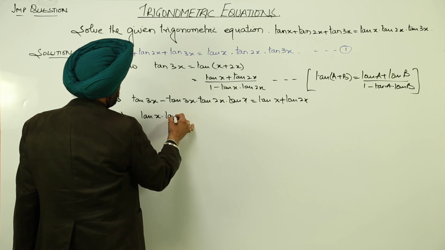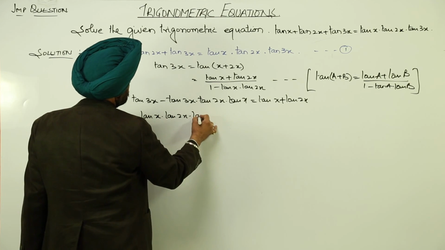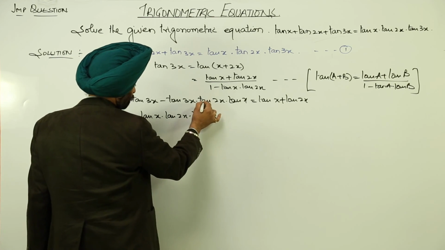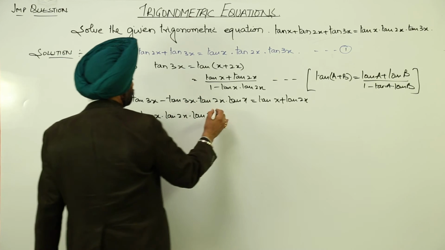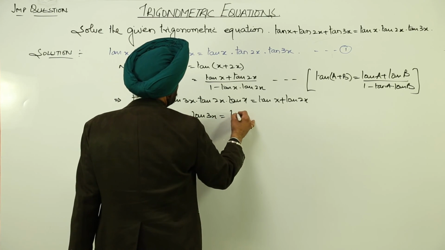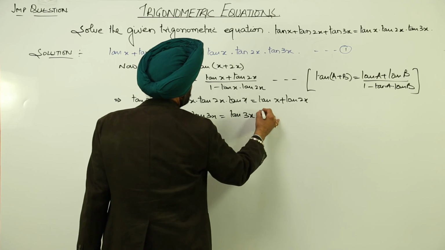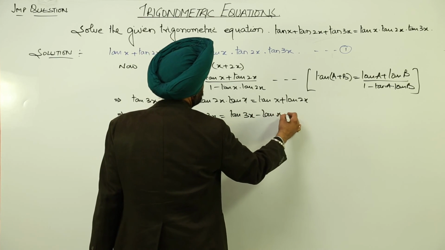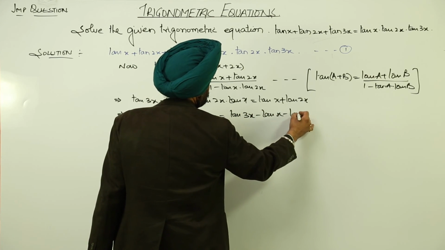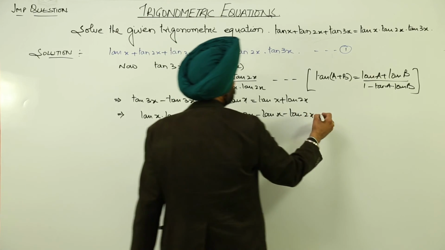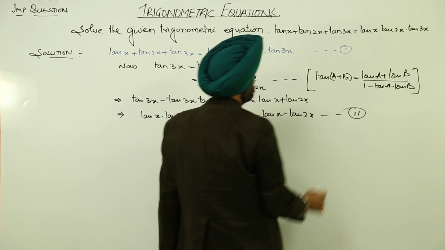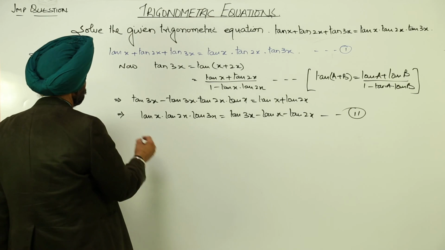Tan x tan 2x tan 3x, this form, first I have written this form, is equal to tan 3x tan x tan 2x, second equation.